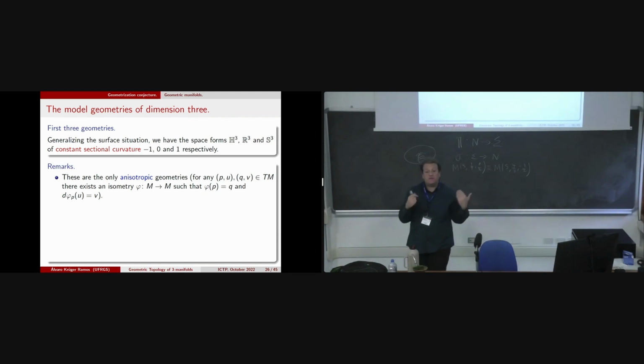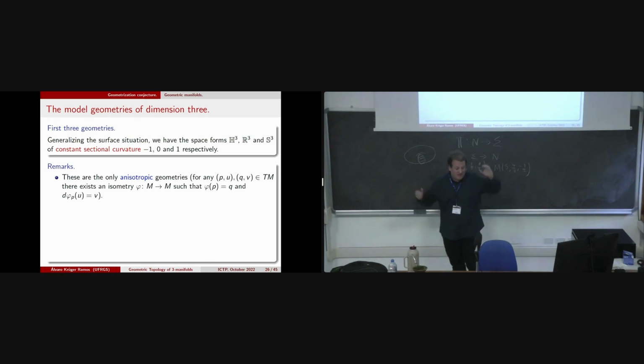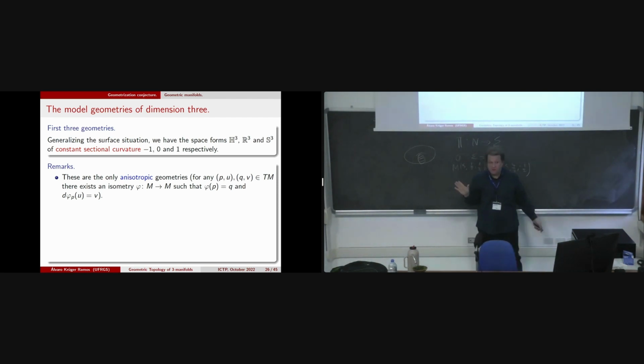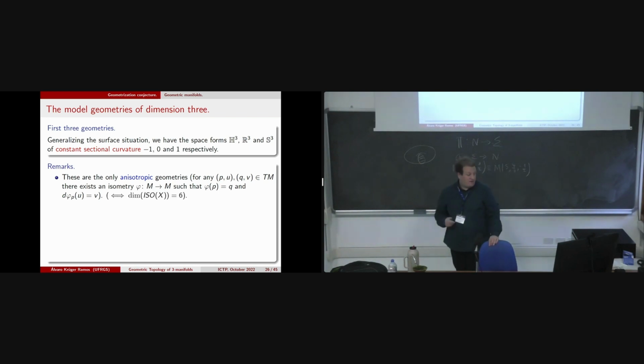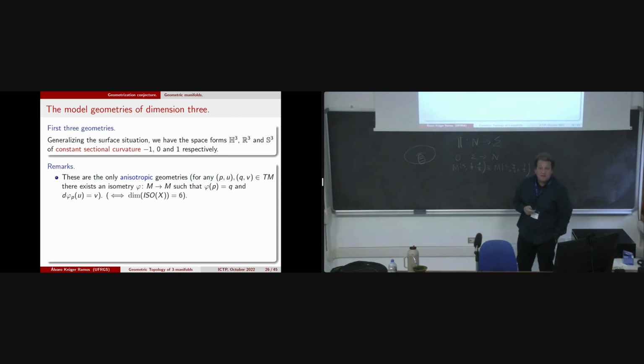There is no definition, because any point is isometric to any other point, and also all directions are isometric. You always have an isometry that maps any point and any vector to any other point and vector. So these are the only isotropic geometries. That's equivalent to the dimension of the isometry group being equal to 6, the maximum possible dimension for dimension 3.